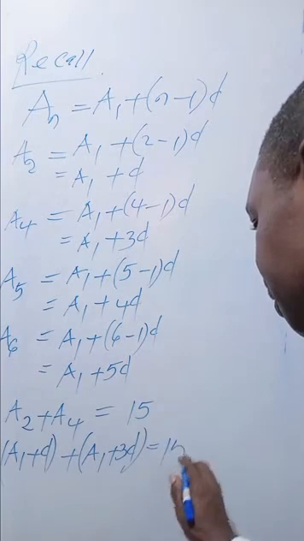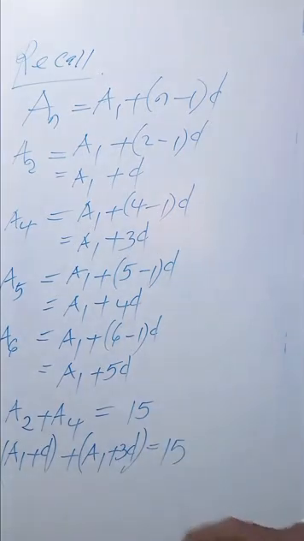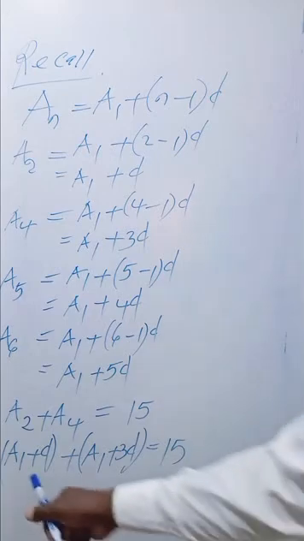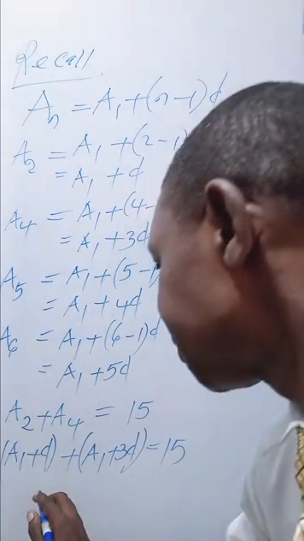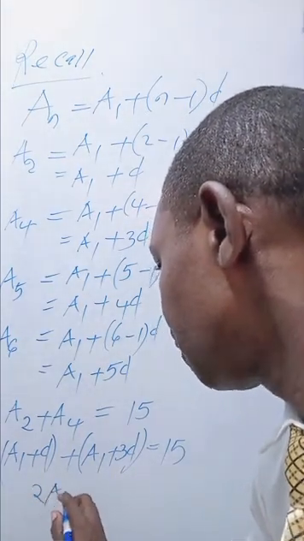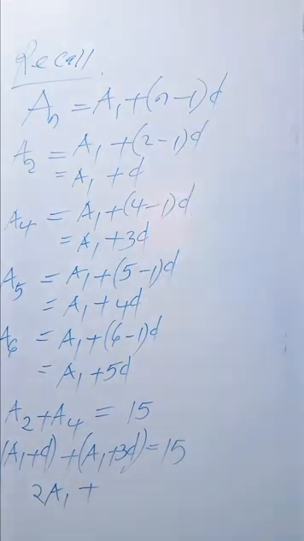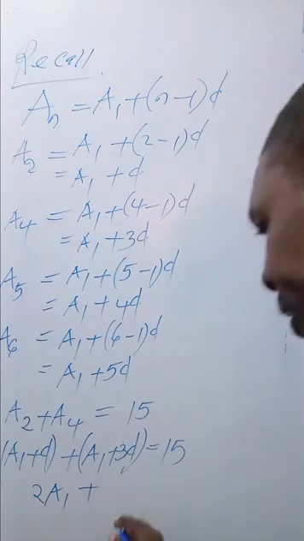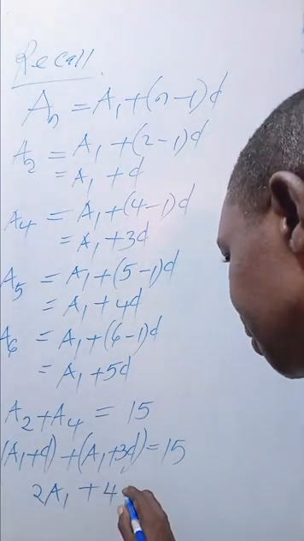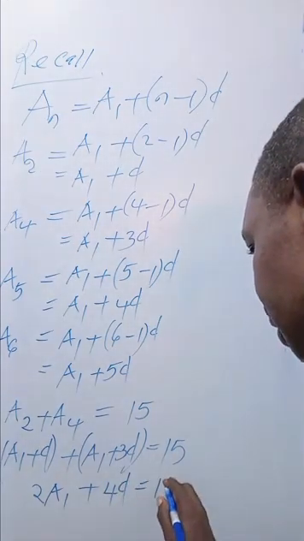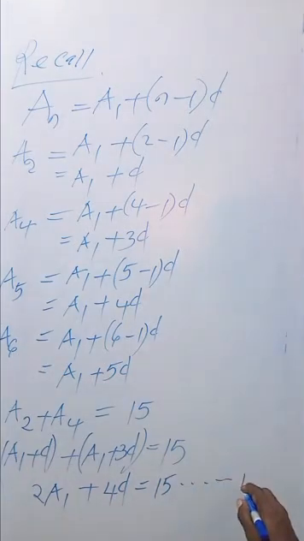This equals 15. We can simplify this equation further. A1 plus A1 gives us 2A1, then D plus 3D gives us 4D, this equals 15. Let's call this our equation number 1.